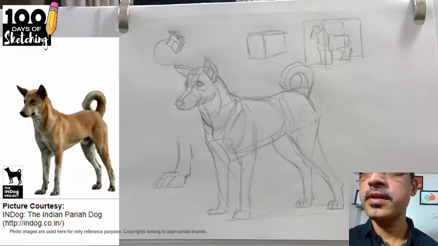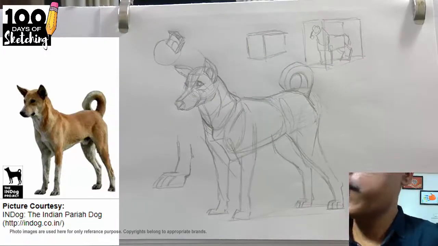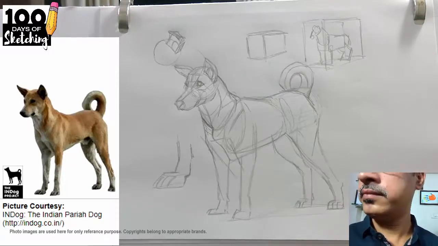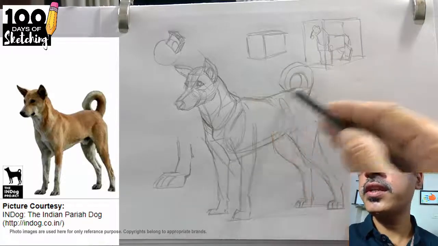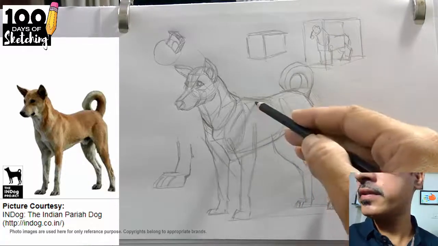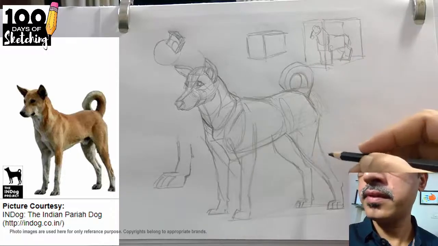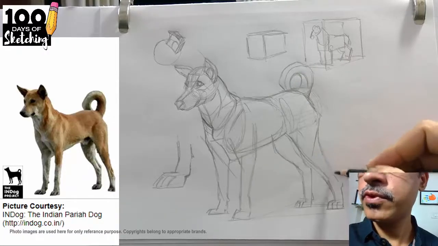So yes, I guess we followed the basic structure rightly. I'm just cross-checking the angles, some of these line structures.